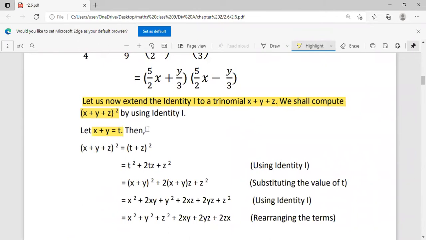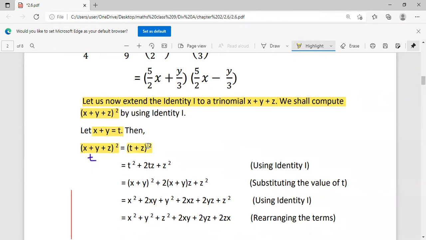Here we are substituting x plus y is equal to t. Instead of x plus y, we are writing it as t only. Then x plus y plus z whole square is equal to t plus z whole square.